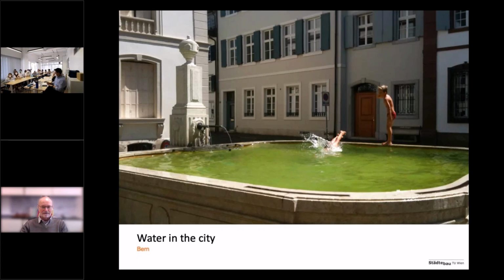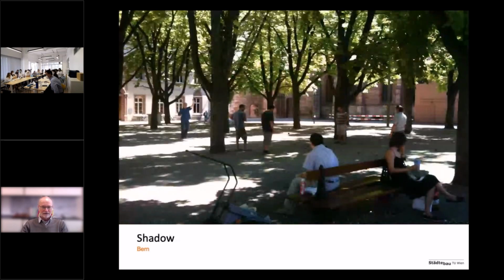These water elements are important not only for the kids playing around in fountains, but also for the humidity of the space around. Trees need a lot of time to grow, so if you don't plant them now, we will not have them in time when we need the shade.